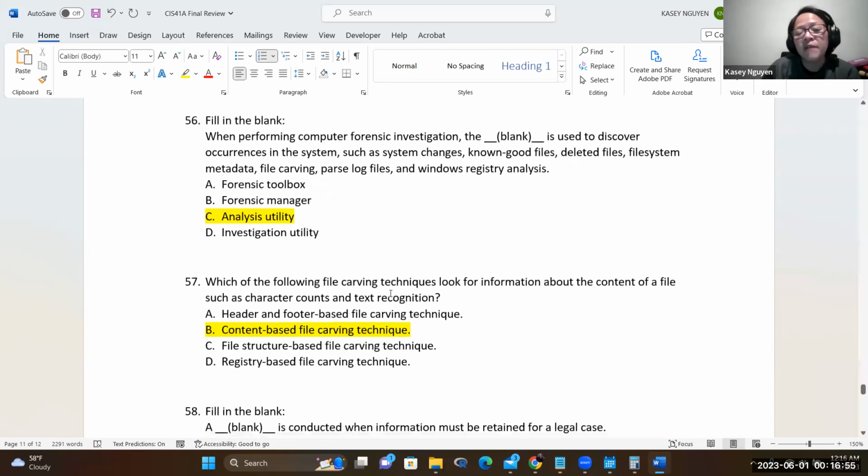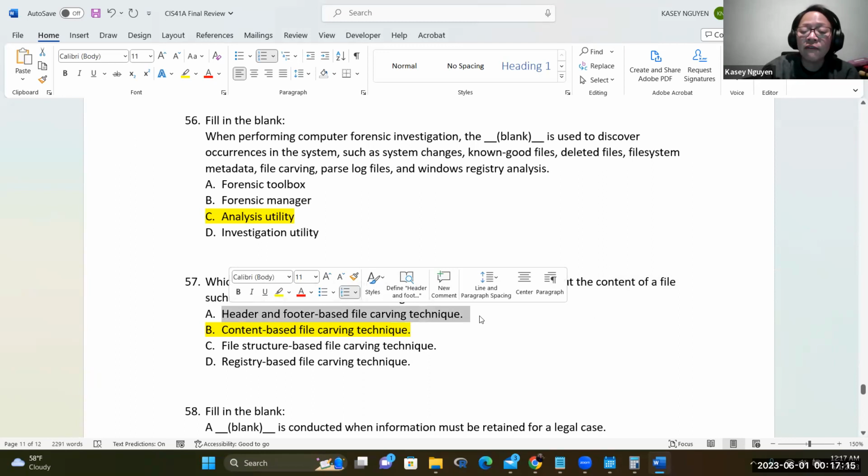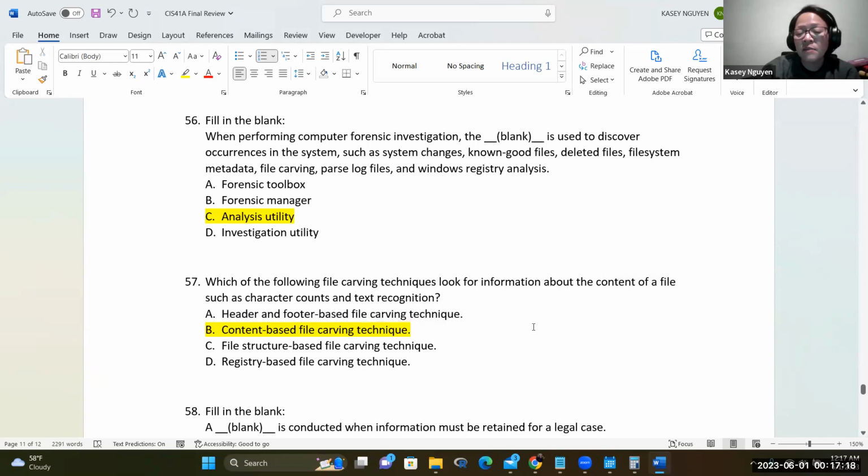57. Which of the following file carving techniques looks for information about the content of the file, such as character counts and text recognition? So your keywords here are text recognition and character count, content of the file. So that will be content-based file carving. The header and footer-based file carving is normally looking at the file header, especially when you're working with images like JPEG, where the header information is useful.